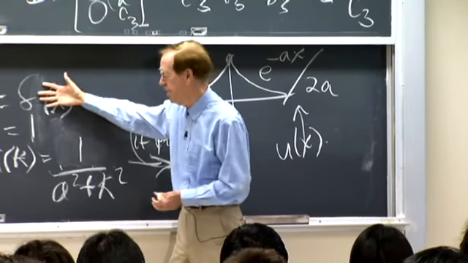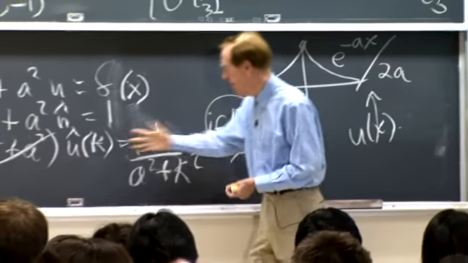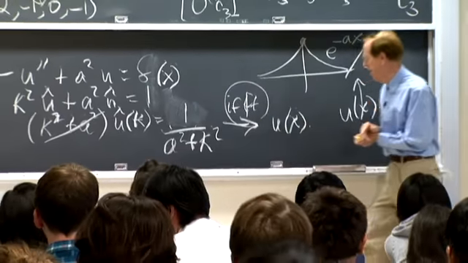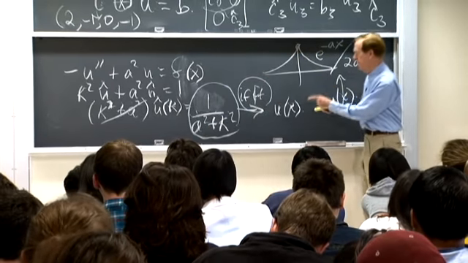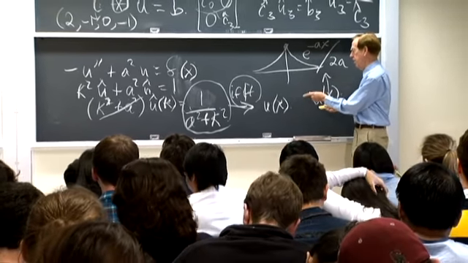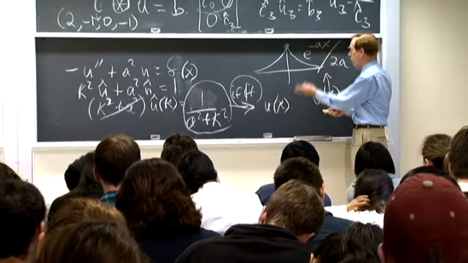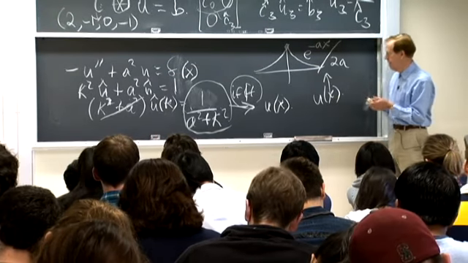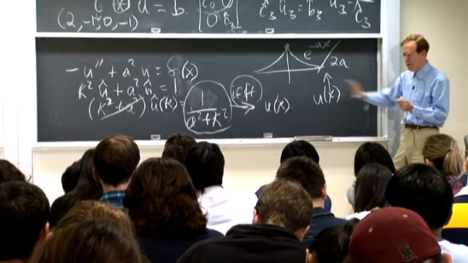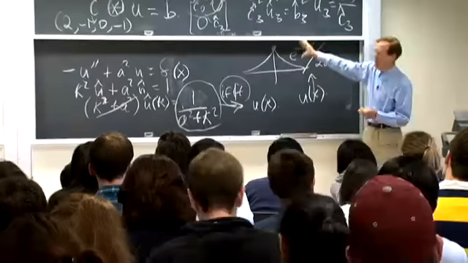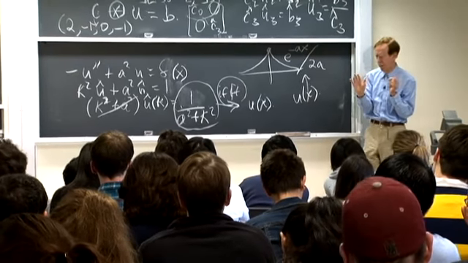This step is easy. That step is easy. The division is easy. And then I just recognized this as the transform of the example that we had done, once I divided by 2a. So you should be able to do this. Those are two that you should really be able to do.